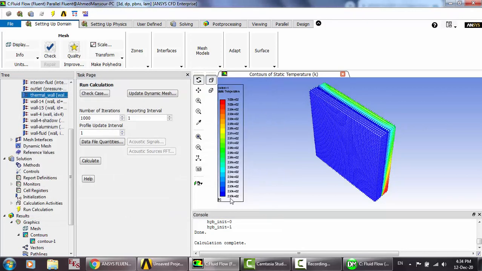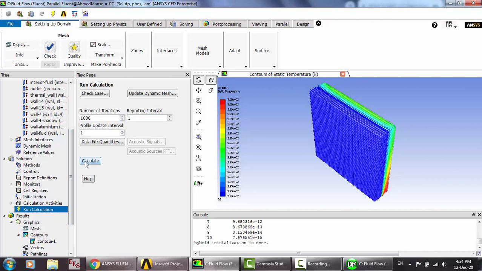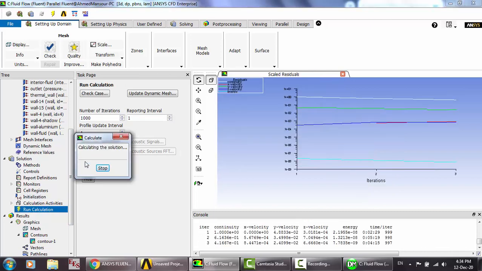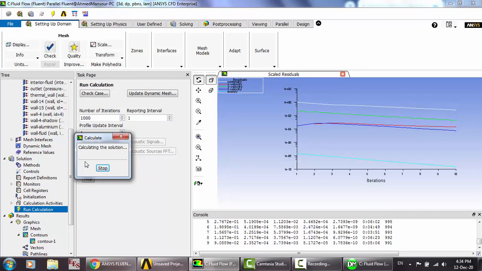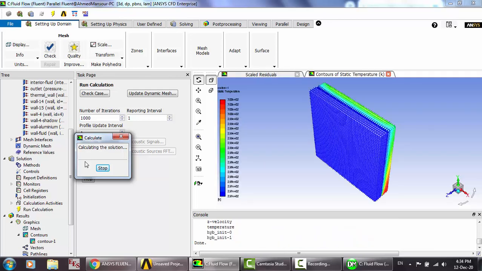We have 293. At 10 we got 296, and now we have 293.